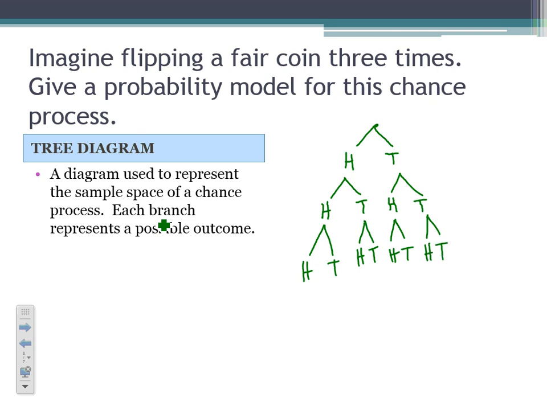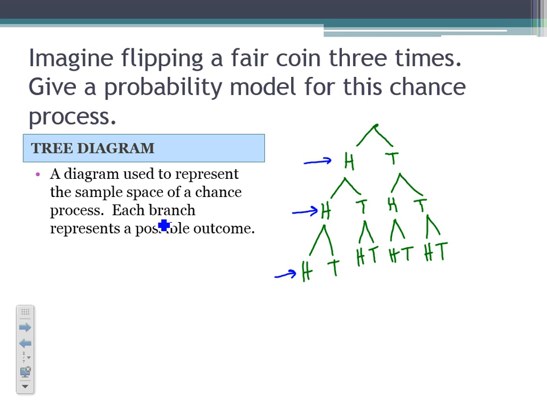This is an example of a tree diagram. You can see that each flip of the coin is represented on its own level. But as the flips of the coin accumulate, we have to base off of what happened before.